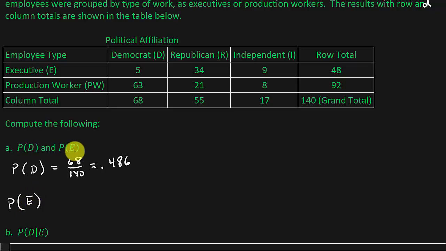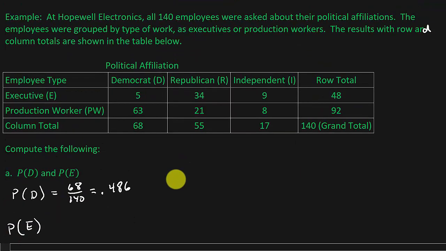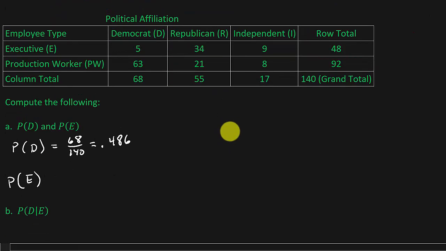And then what's the probability of an executive? By the way, the D, the E, all these letters here, come from the abbreviations in parentheses that we're using for them. So what's the probability that we select an executive? Well, how many executives are there? There's a total of 48 executives.